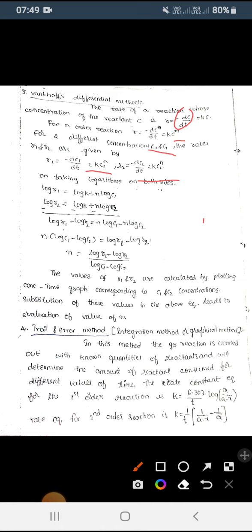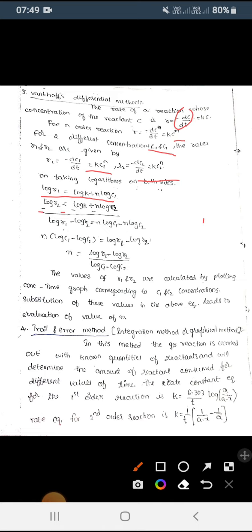When you take logarithms on both sides, we get log R1 is equal to log K plus n log C1. Why? Because of the A into B formula, log A plus log B. So that is how we have got this. Log R2 is equal to log K plus n log C2.